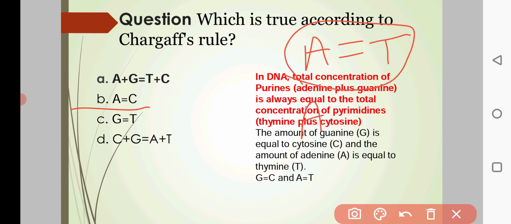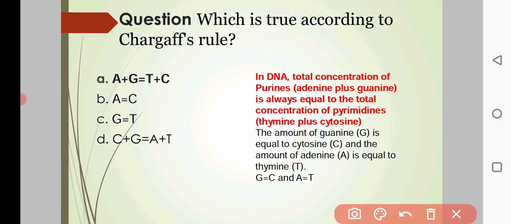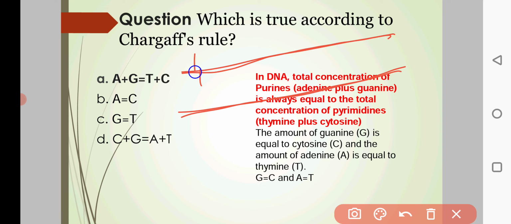Wherever A is present, for example, if we simply draw the two strands like this, straight, we will see that if here A is present, it will always bond with T, means adenine will always bond with thymine. So wherever A is present in one strand, on the opposite strand T will be present.